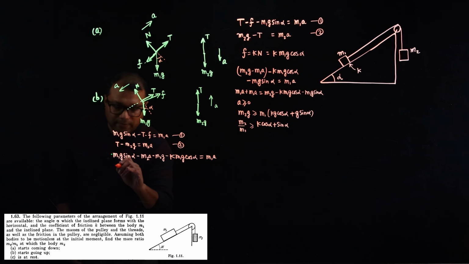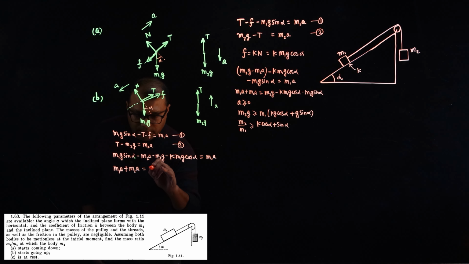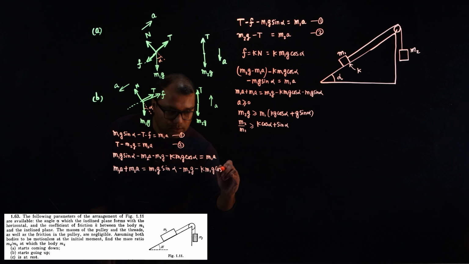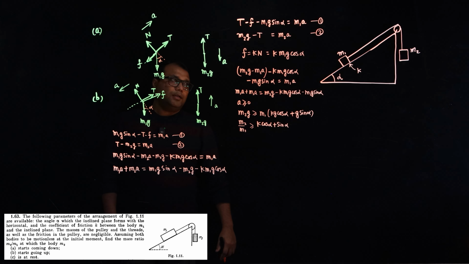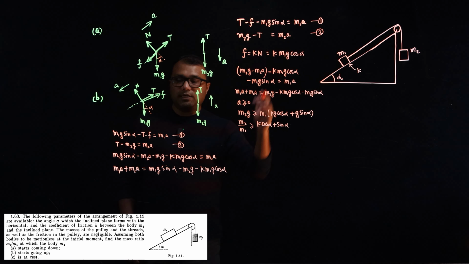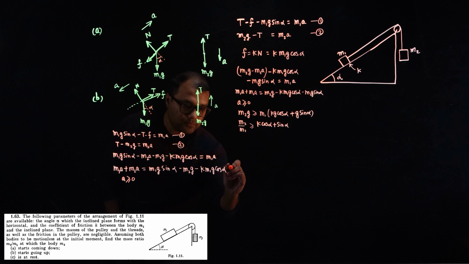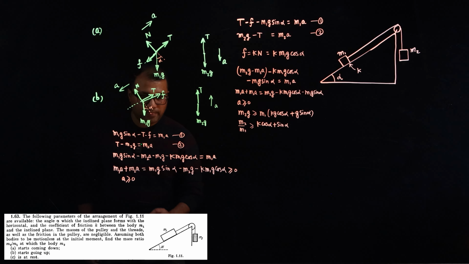Now let's bring all the M1A terms, the A terms to one side, M1A plus M2A is equal to, we are left with M1G sin alpha minus M2G minus K M1G cos alpha. Now when M2 just starts going up, A is greater than or equal to 0. So this will be greater than or equal to 0.